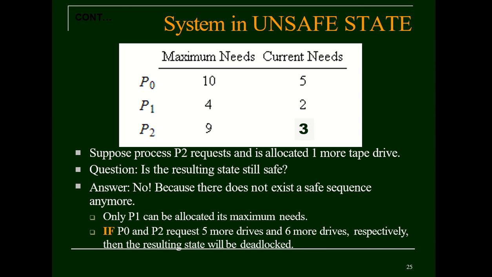The answer is no. Why? Because a safe sequence no longer exists. Only P1 can be allocated its maximum need. Its maximum need is 10 and its current need is 5. So if P0 and P2 request 5 more drives and 6 more drives respectively, then the resulting state will be deadlocked.